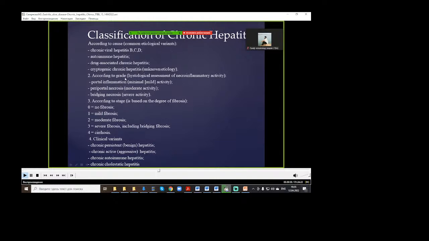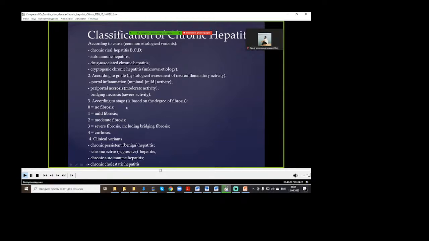According to the grade of histological assessment of necroinflammatory activity, it may be portal inflammation or minimal activity hepatitis, periportal necrosis or moderate activity hepatitis, bridging necrosis or severe activity hepatitis.